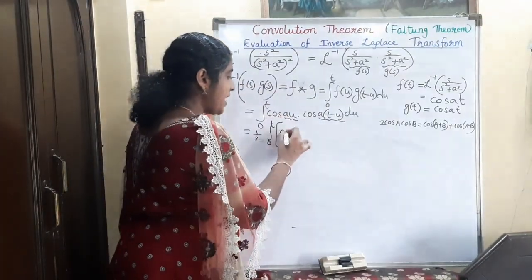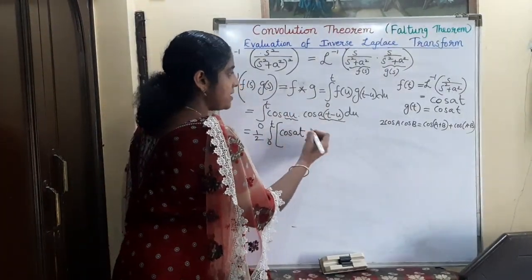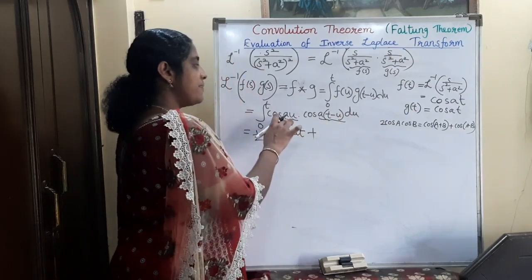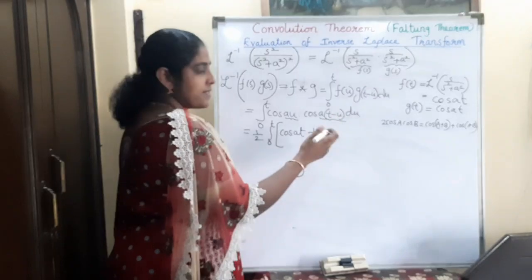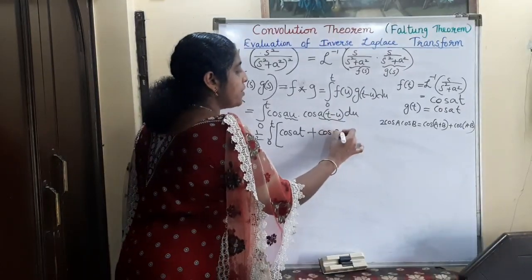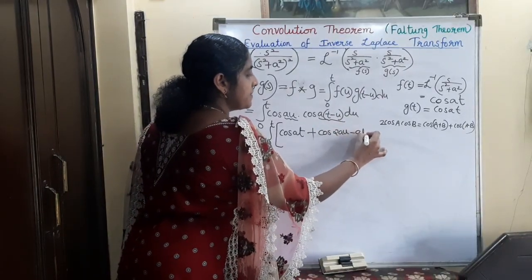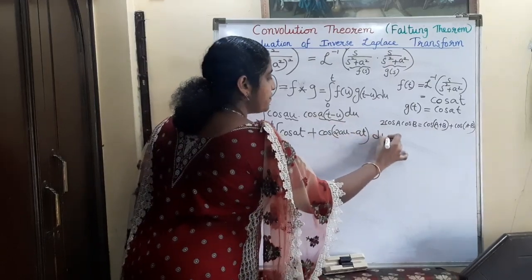So au will cancel. We are getting cos at plus cos A minus B, au minus at plus au. So minus au becomes plus au. So we are getting cos of 2au minus at into du.